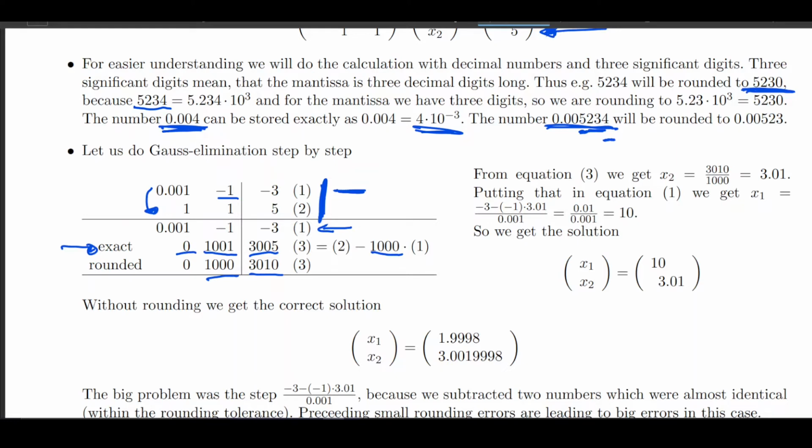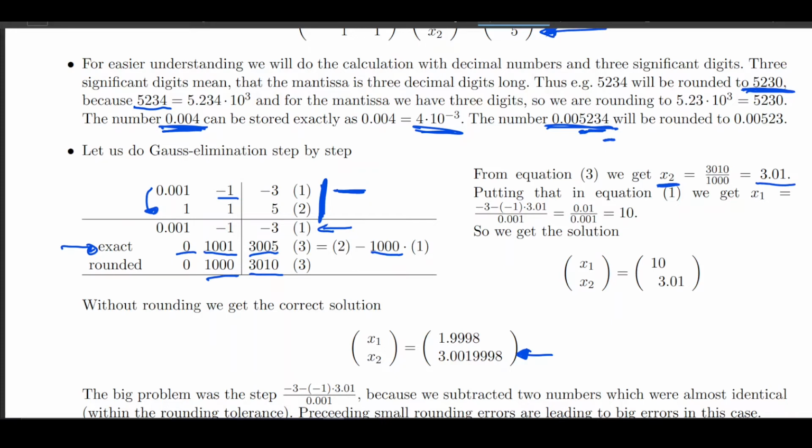And then what do we do? We calculate x2 by dividing 3010 by 1000, and we get 3.01, which is very, very close to the exact solution. This solution is here, 3.001999 and so on. And our calculation gave us 3.01. So far, everything is great.